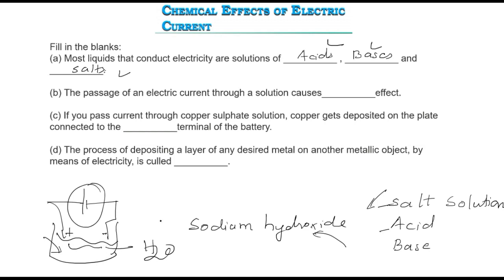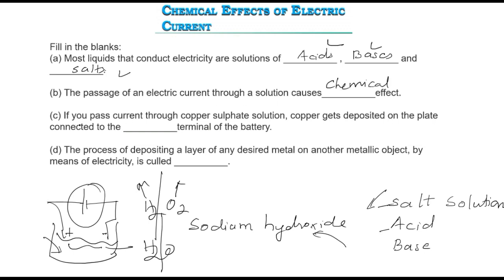So what has happened, the hydrogen and oxygen will get split separately and they are separated, okay, and therefore this is what the chemical change is. So passage of electricity through a solution causes chemical effect.